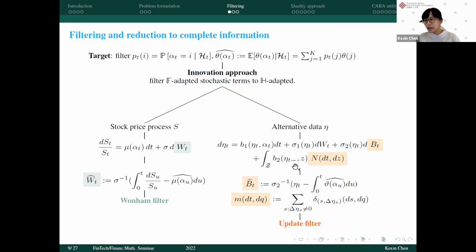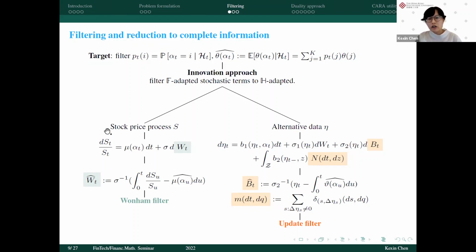And correspondingly, we can define the innovation process by these forms, that is the \hat{W}_t and the \hat{B}_t, and also this \hat{M} corresponding to the jump measure. So it can be observed from their definitions that these terms are adapted to H, so they are H-adapted innovation processes.